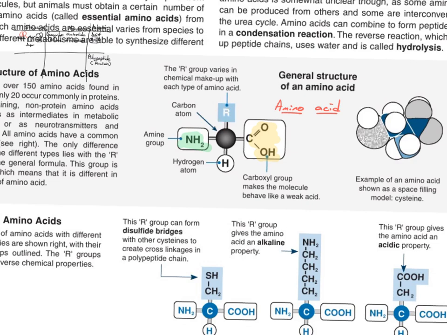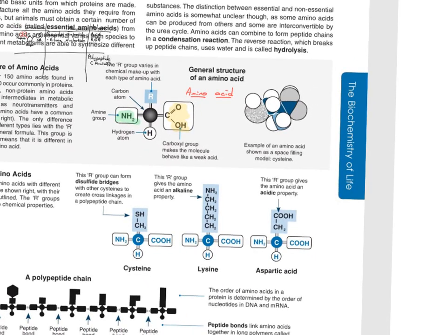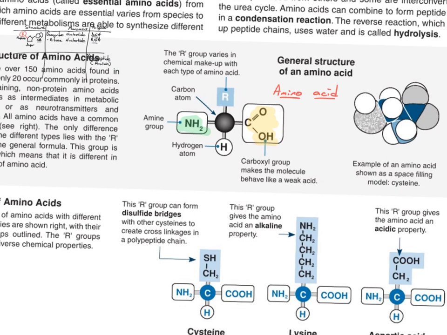R groups in biochemistry, organic chemistry, are generally known as side chains or variables. They can be different things. But what stays constant in an amino acid is these three parts: the amine group, the carboxyl group, and the hydrogen. These three stay the same, all around one center carbon.